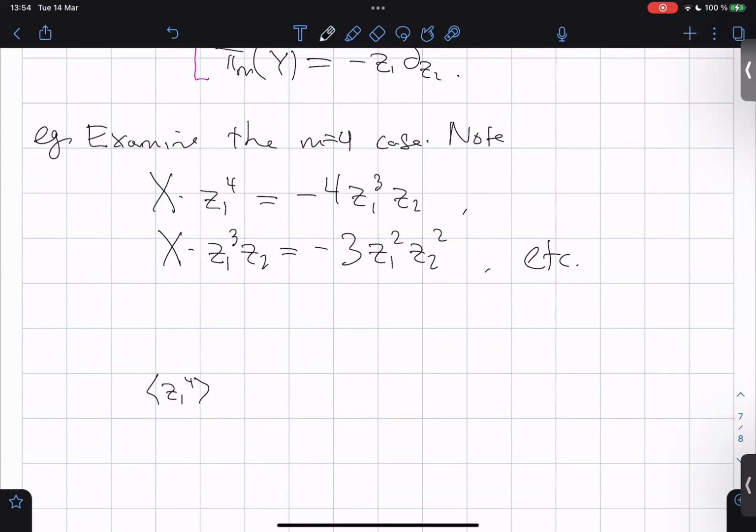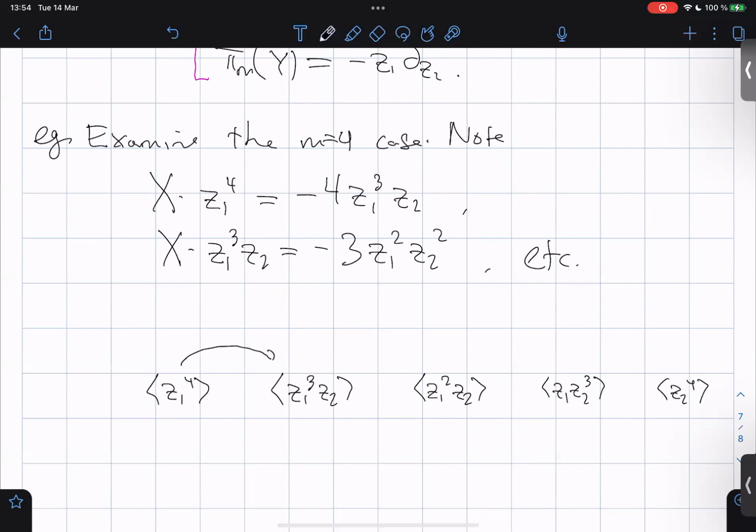Then Z1 cubed Z2. I'm not going to worry about these constants up front for the moment.